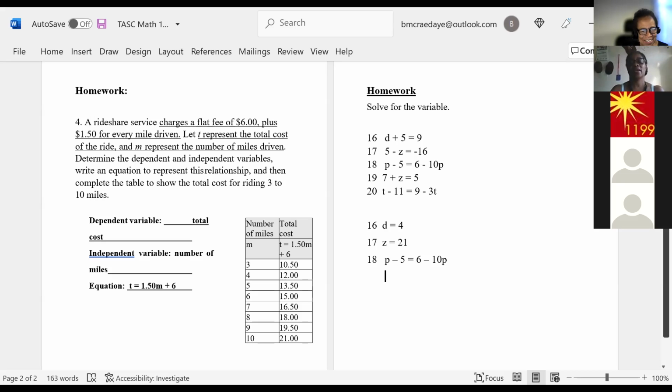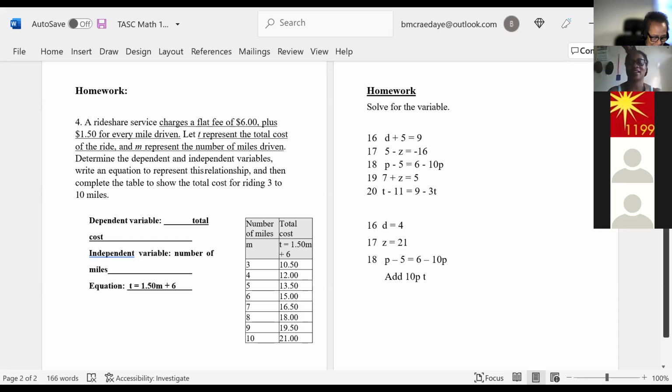Okay, fine. So the minus 10p, I cross over the equal sign, so I got a positive 10p. Cross over, I don't know what that means. I add 10p to both sides. Okay, add 10p to both sides. That's the math language.